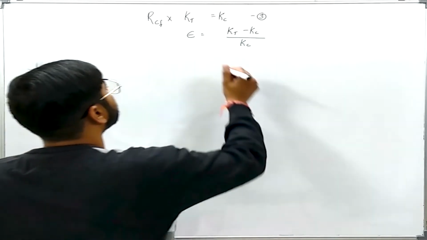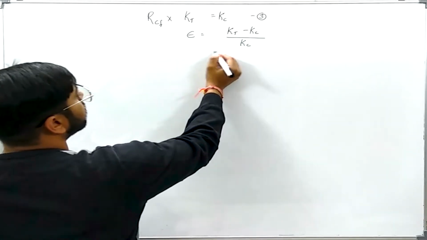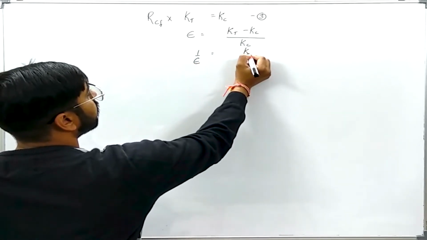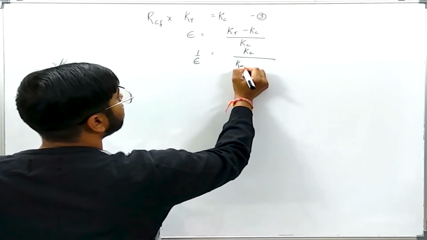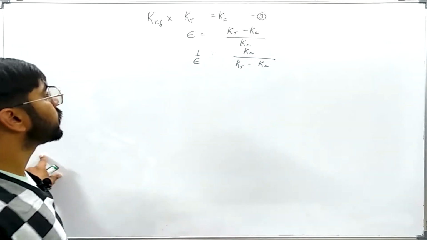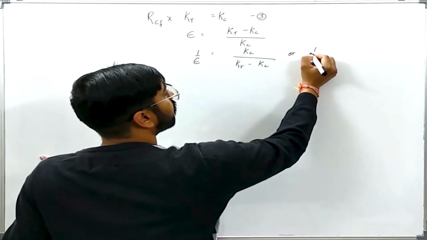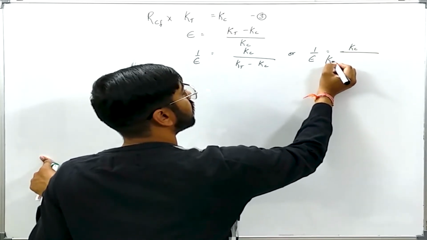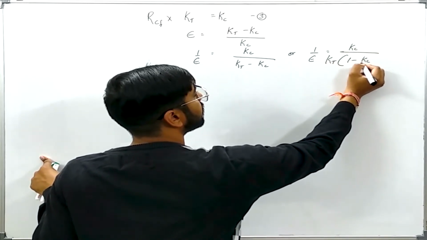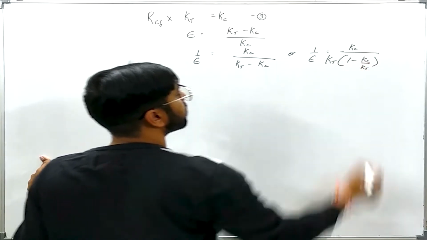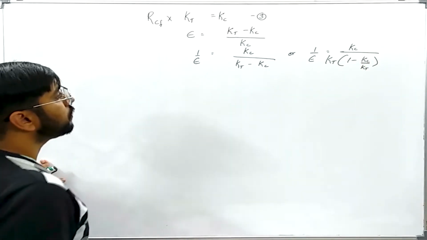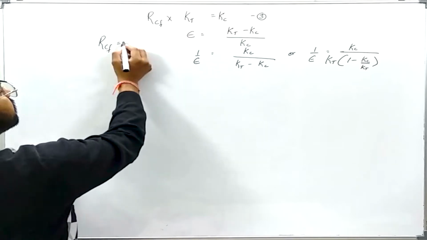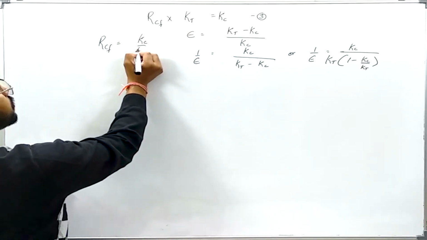Okay, so if I take 1 by epsilon or the reciprocal, then I will have KC over KT minus KC. Okay, or 1 over epsilon is equal to KC. I will take KT common, 1 minus KC over KT. Okay, now KC over KT, RCF from equation number 3 can be written as KC over KT.